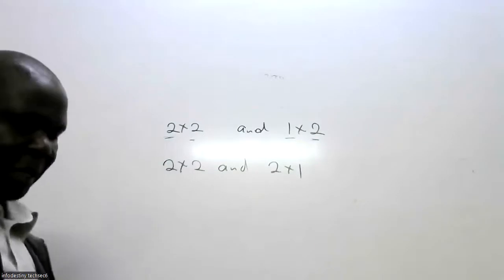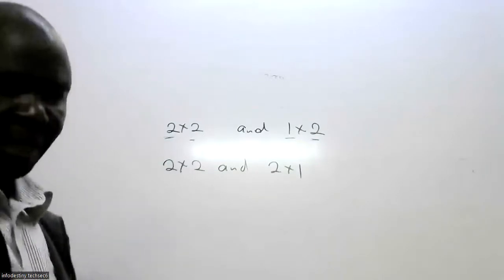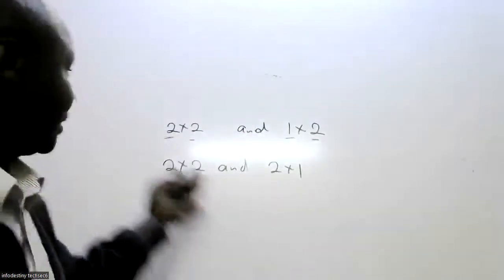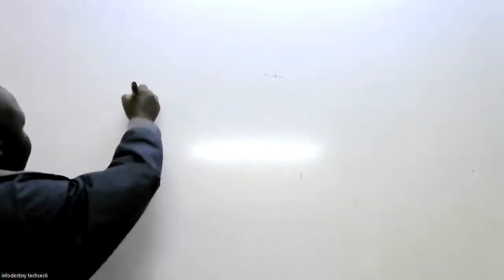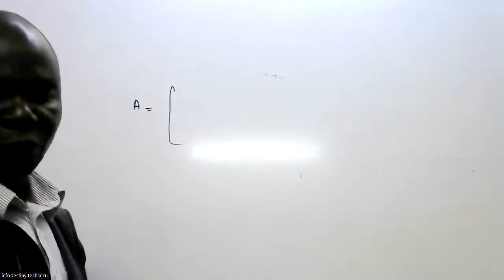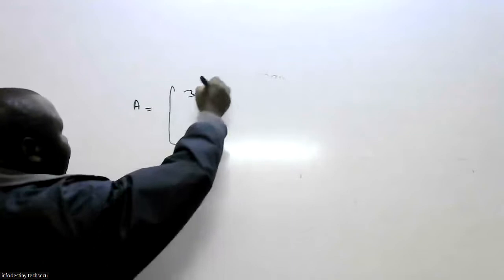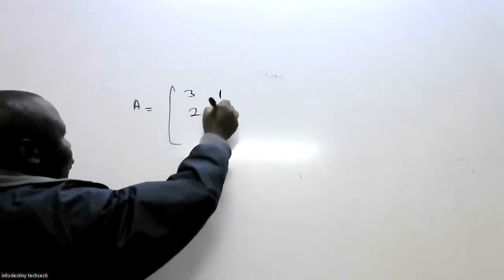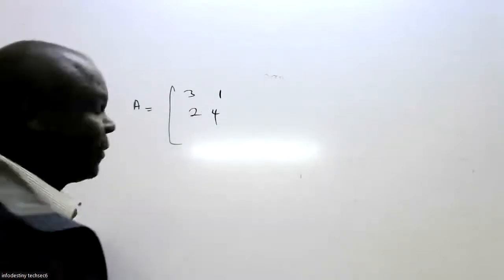So I want us to look at this example. You write A equals matrix A, which will be equal to 3, 1, 2, 4, 7, 4.